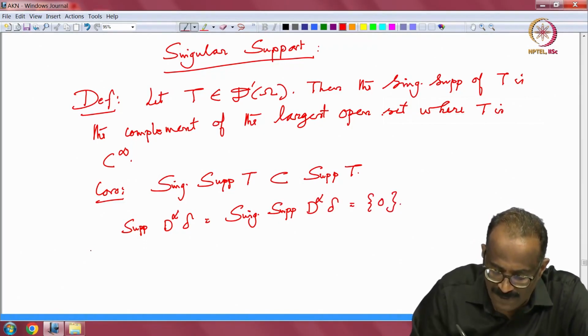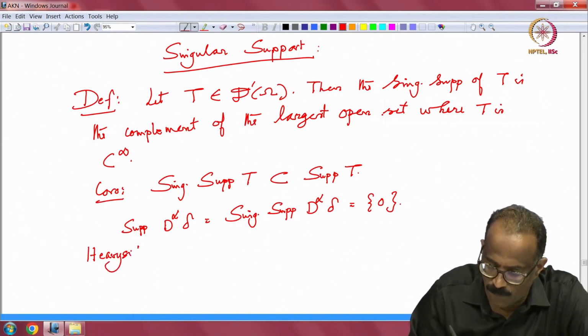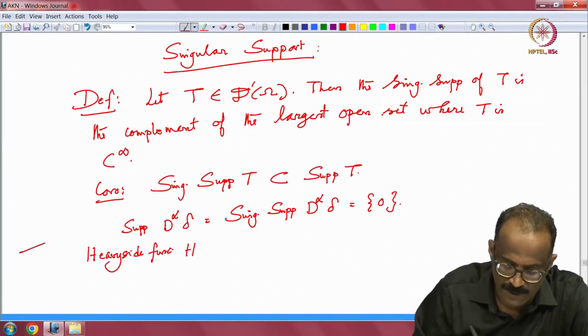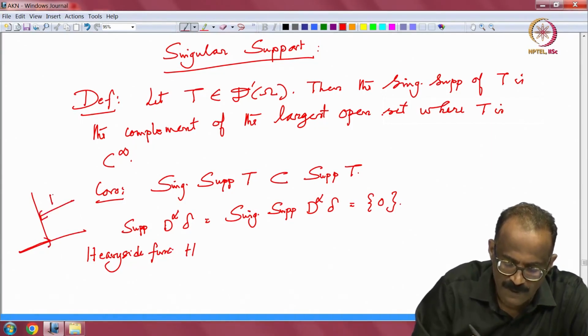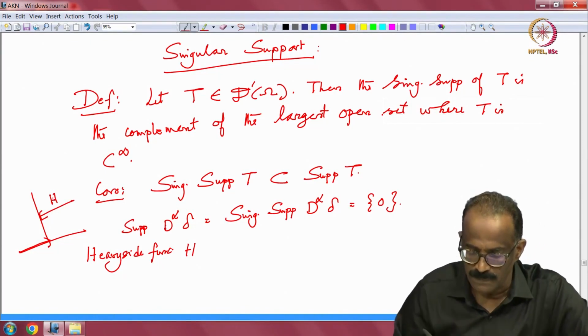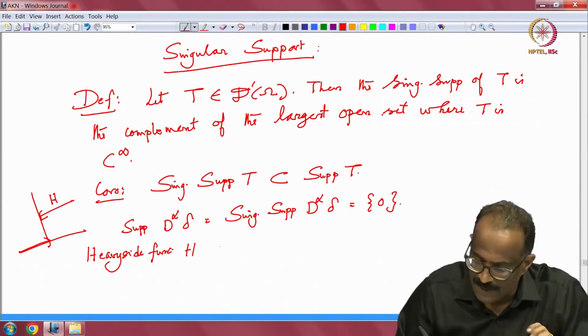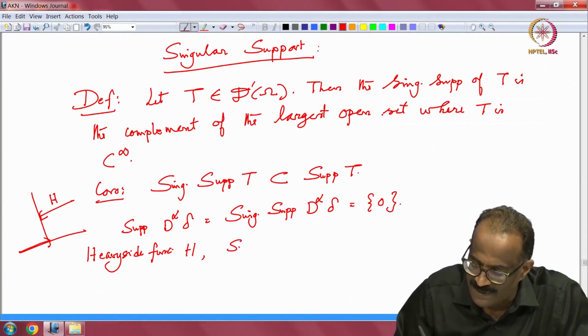But then you look at the Heaviside function H. What is H? Let me recall. This is 0 here, 1 here. Right. This is your H. Here the support of H is equal to the closed interval 0 to infinity.